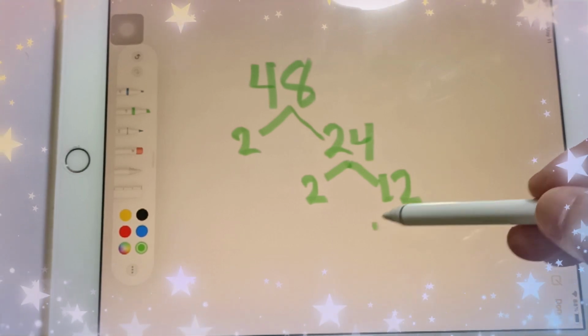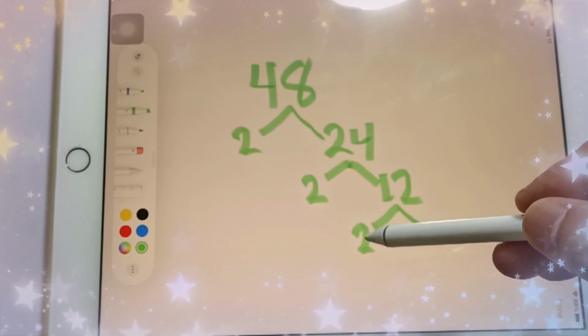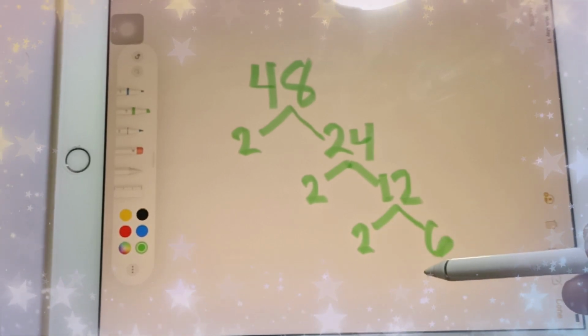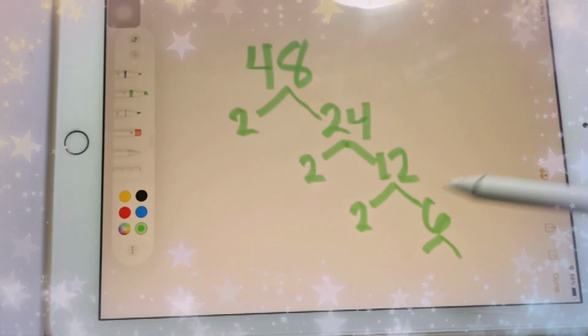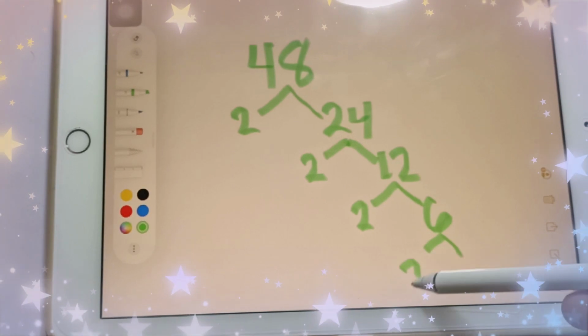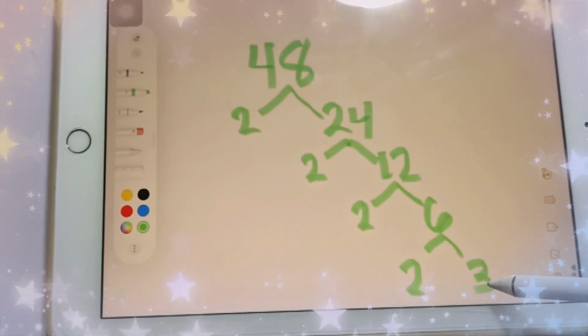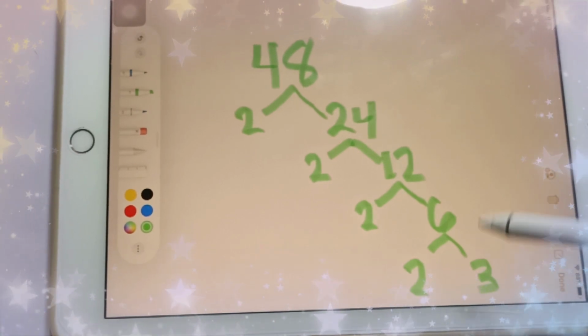Then 12 is still factorable by 2, 2 times 6. And then 6 is still factorable, 2 times 3. We all know that 3 is a prime number, so we have to stop there. That is the last one.